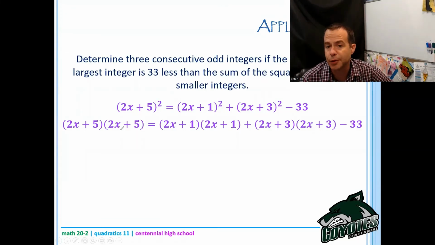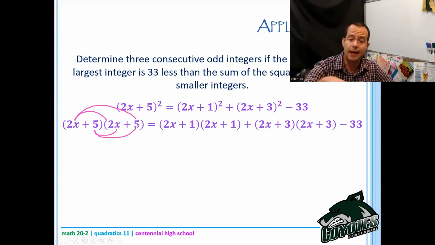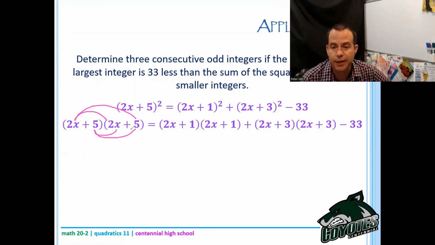When I have 2 binomials being multiplied together, I end up with 2x times 2x, which is 4x squared, 2x times 5, which is 10x, 5 times 2x, which is 10x, and 5 times 5, which is 25. I'm going to take those 2 middle terms right away and add them together, so 10x and 10x gives me 20x.